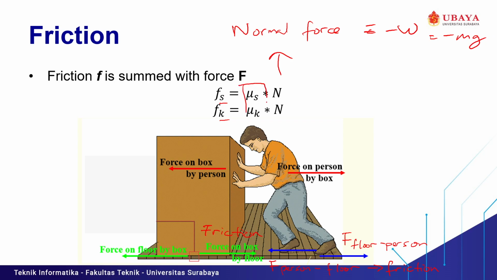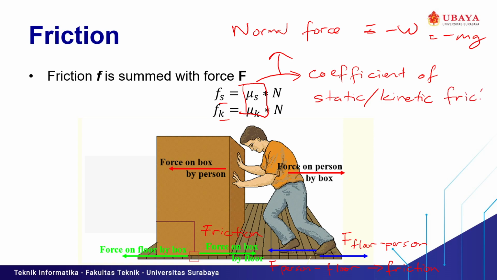Meanwhile, mu s and mu k we call coefficients of either static or kinetic friction. Mu s stands for the coefficient of static friction and mu k stands for the kinetic one.